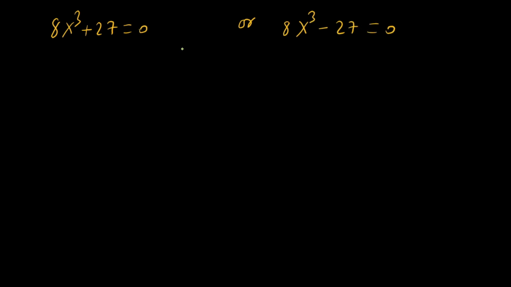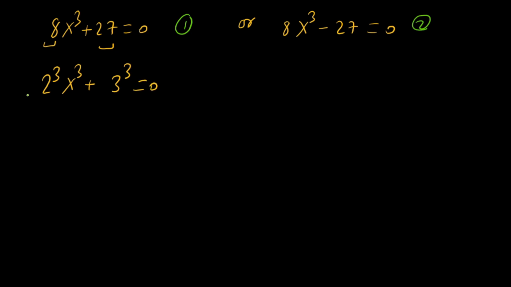Let us consider this as case first and this as case second. First we will solve case first, where 8 is the same as 2 power 3 times x power 3, plus 27 which is the same as 3 power 3, and this equals 0.